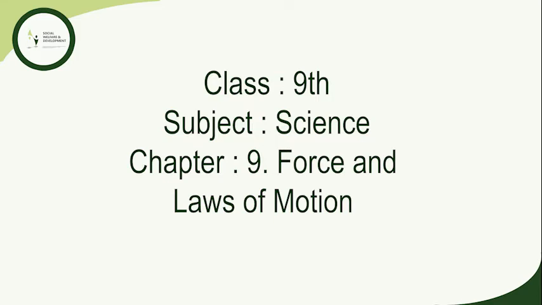Newton further added to and studied Galileo's ideas on force and motion and presented three fundamental laws that govern motion of objects. Those three laws are called Newton's laws of motion.